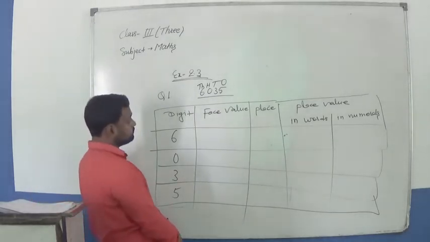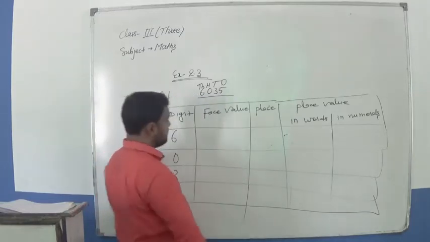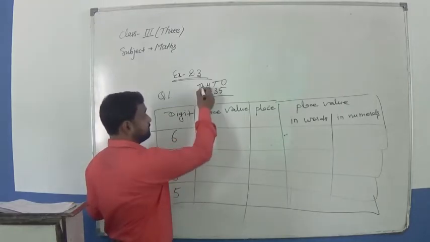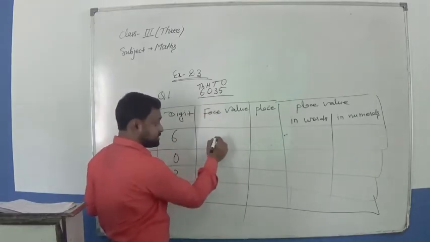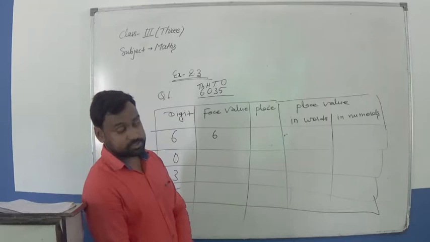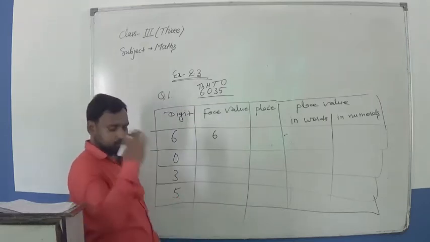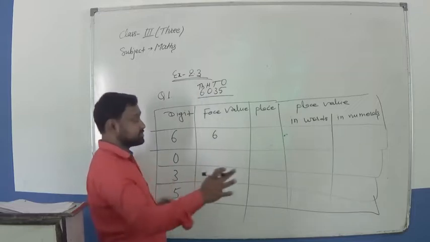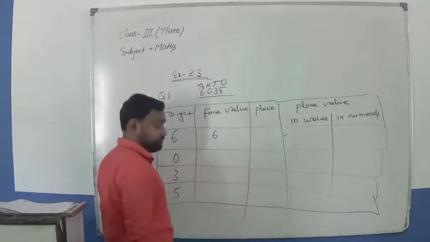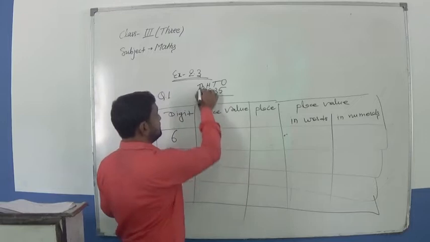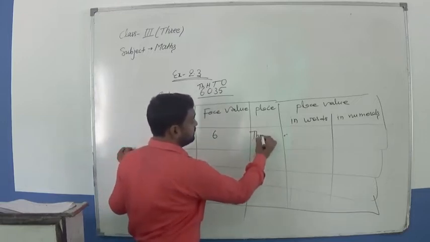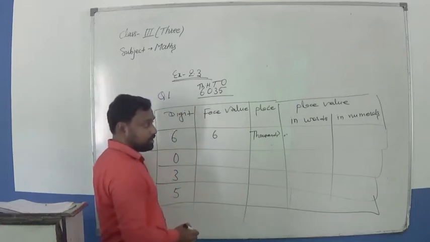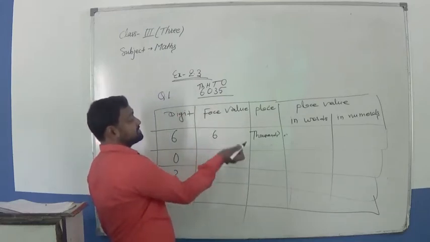Now see, we have 6 at the thousands place. The face value of 6 is 6, because the face value remains the same, it never changes. Keep that in mind. The place is thousands.